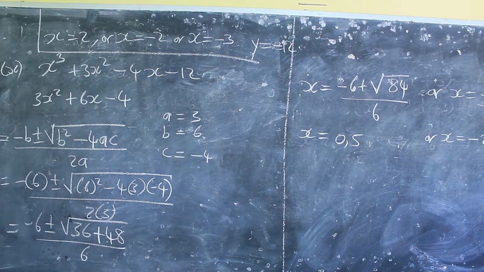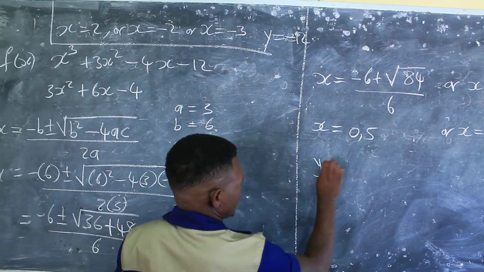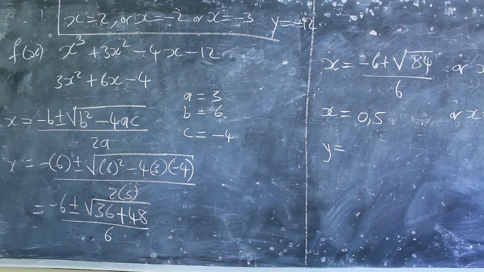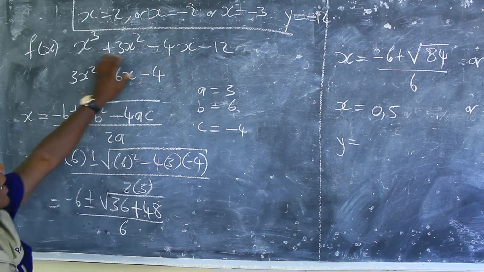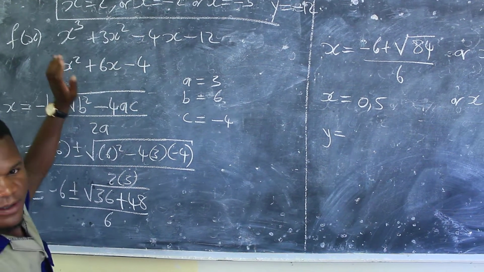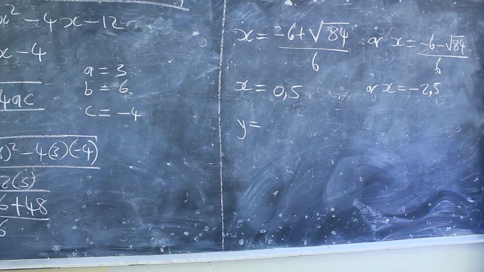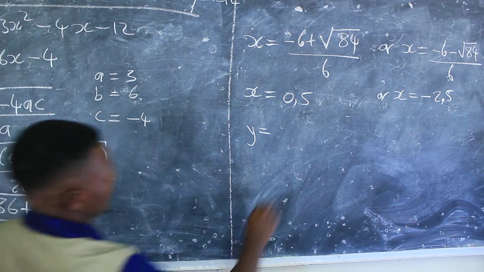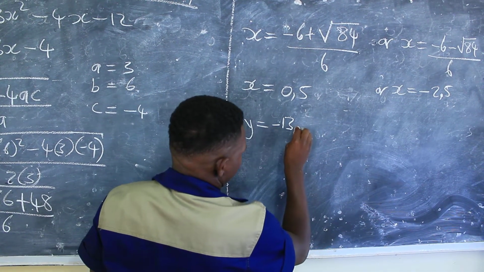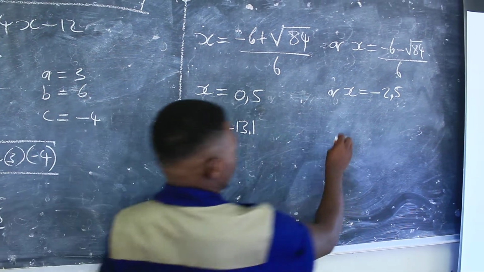Now, when we substitute the first x, which is 0.5, into the original polynomial, what answer do we get on y? Press in the calculator, you get negative 13.1. The first one we get negative 13.1. One decimal place, yes. Okay?